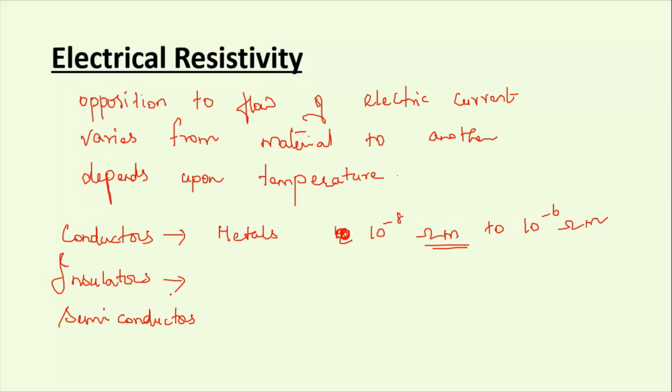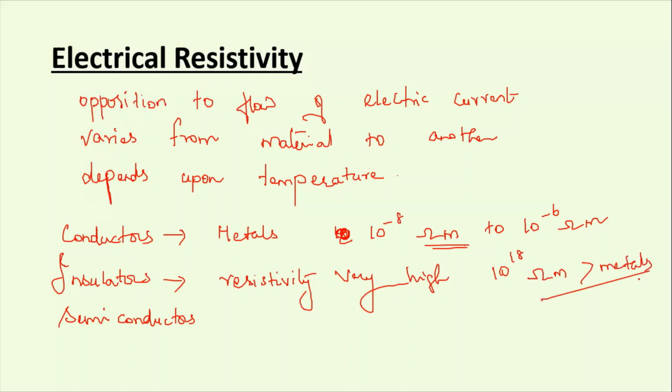They are used for blocking electric current, opposing electric current. The resistivity will be in the range of 10 power 18 ohm meter, greater than metals. Okay, it's very, very high.